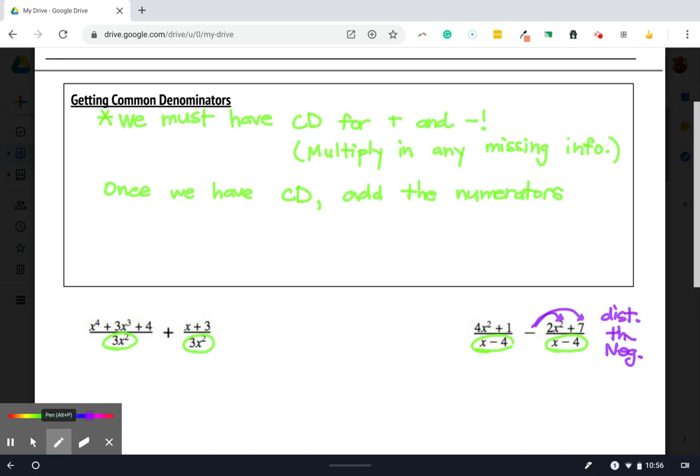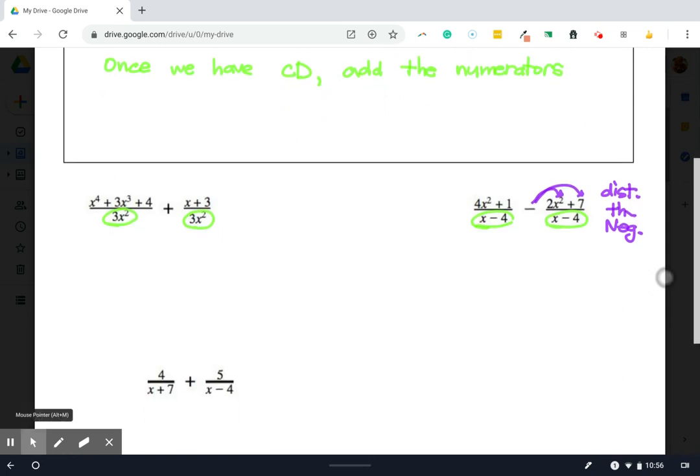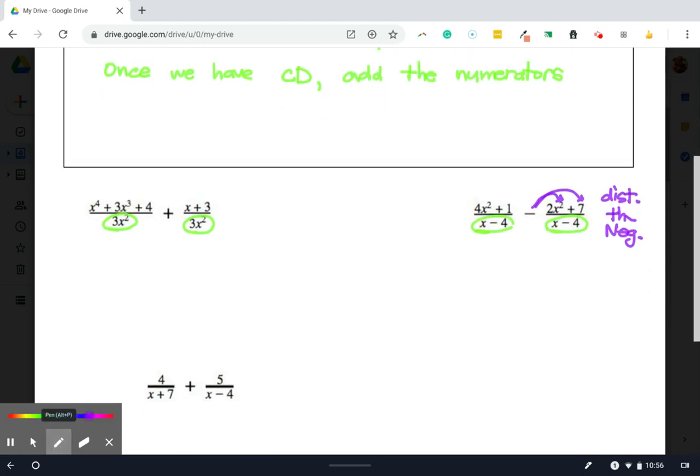Once we have that negative in there, then what we have really for that second fraction is a negative 2x squared and a minus 7 up on top. So that's, I guess, another reminder to put in this top box, which is distribute the negative to the second fraction, right?